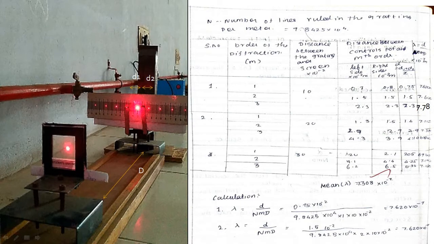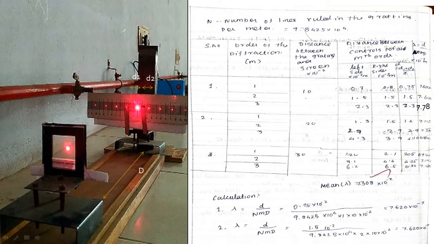Tabulation. The distance between the grating and screen: 10 cm, 20 cm and 30 cm. For each distance we find 3 orders of diffraction: M equals 1, M equals 2, M equals 3.